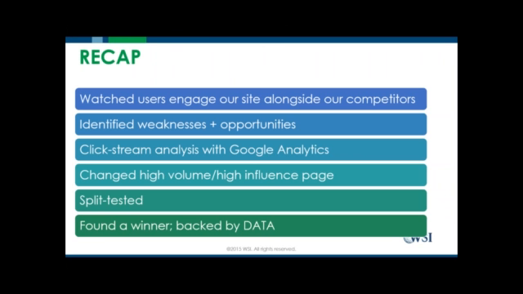We picked out the one page that we thought would have the most impact. We focused on that page. Then we split tested that page against the original. We found our winner, and we had all that backed up with data. And that's the story of how we increased leads by 78% by changing one page on a website.